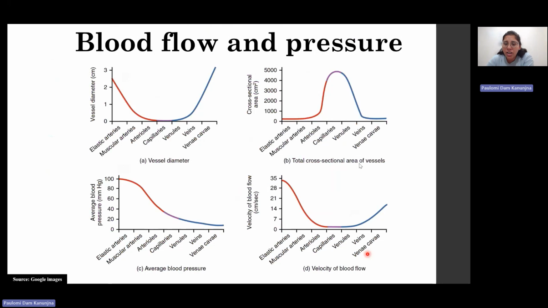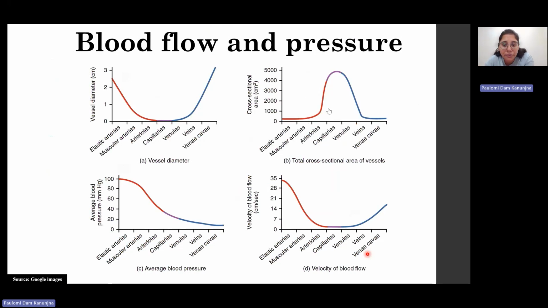I will not go into very much detail because of course we have discussed this already, but just quickly to mention, your vessel diameter is basically showing that the elastic arteries have the largest diameter, of course, because they can open up. And as the diameter rapidly decreases, as you can see, the vessel becomes smaller and smaller, and as your vessels decrease, your blood flow also.